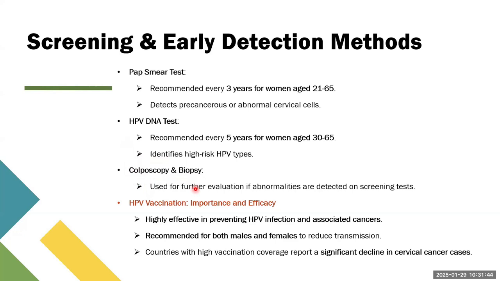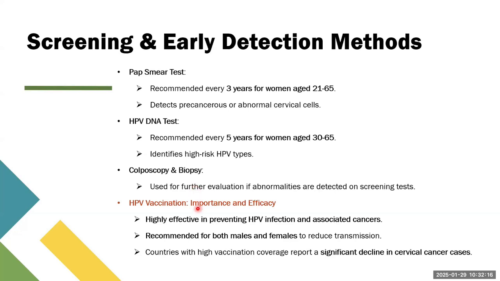So colposcopy can see the gross structure of the cervix as a whole by naked eye, and a biopsy is taken to confirm the histopathology of that tissue. If we take the biopsy of the tumor and see it under the microscope, it would likely show the abnormal cells that we might be expecting if it is a case of cancer.